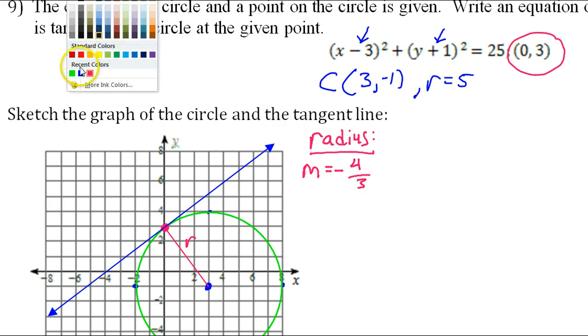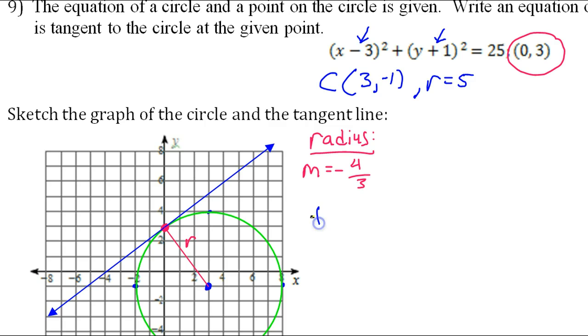Now let's talk about the slope for the tangent. Alright, for the tangent, the slope is going to be opposite and reciprocal. So if this is negative, this will be positive. If this is 4 over 3, then this will be 3 over 4.